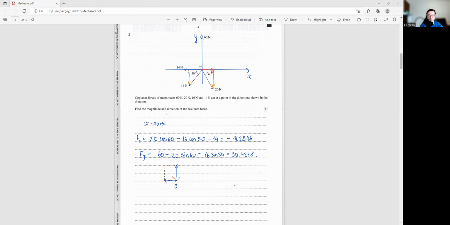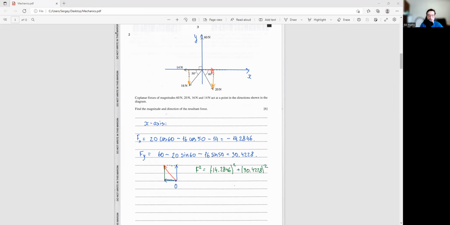This way. Okay, now, how do we find the magnitude of this force? Well, we can just use the Pythagoras. Hypotenuse squared equals negative 14.2846 squared plus 30.4228 squared.